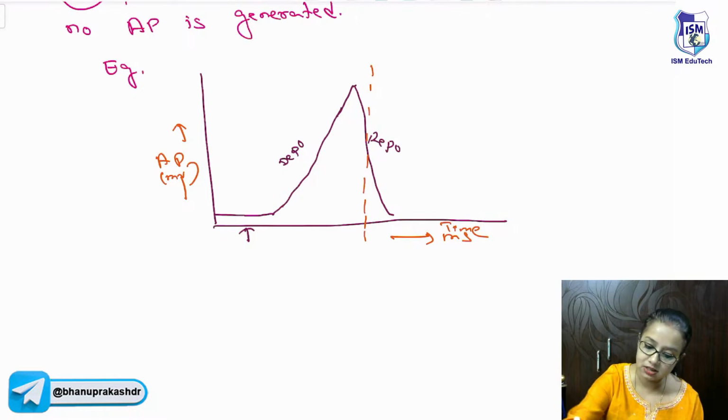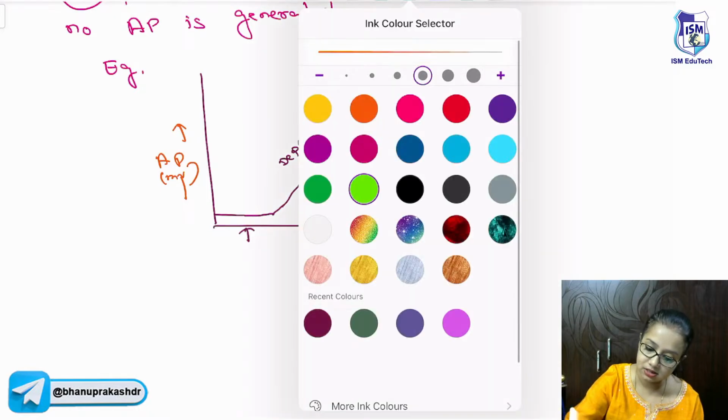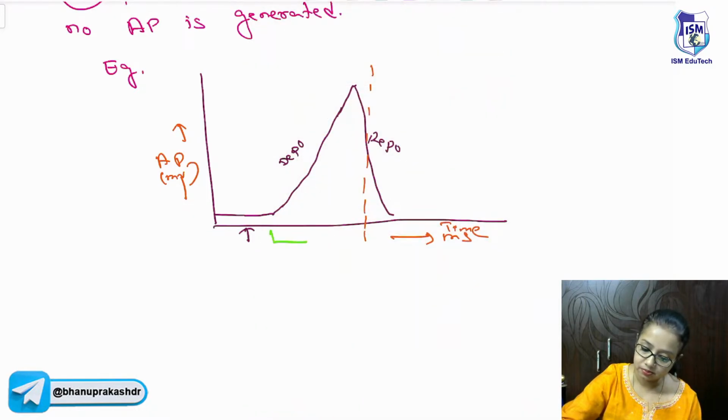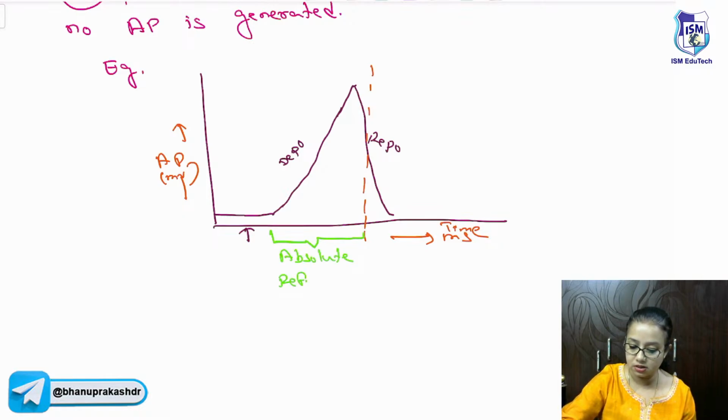This region is called the absolute refractory period. This is the period in the action potential during which even if a very strong stimulus is given, there will be no generation of another action potential.